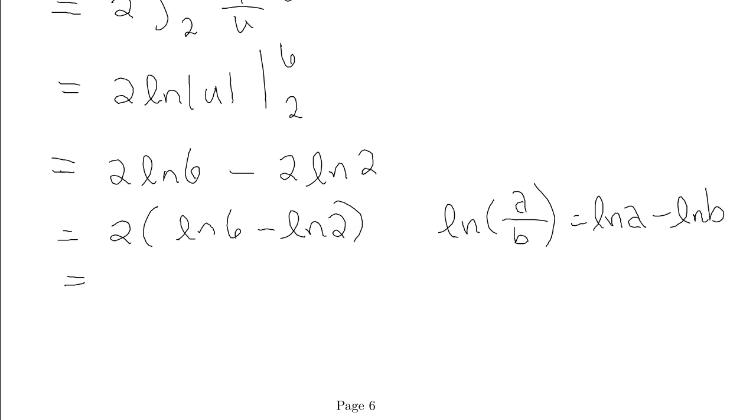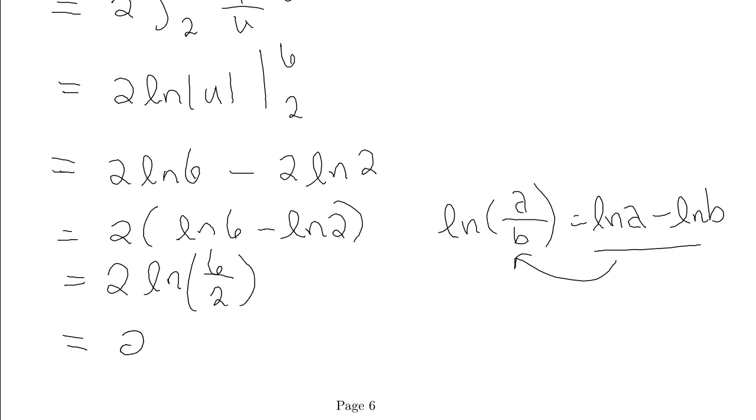So right now we have ln of a minus ln of b. We know that we can rewrite it as a over b. So this becomes 2 times ln of 6 divided by 2, which is just 2 times ln 3. So for an exact simplified answer, this is where you would leave it.